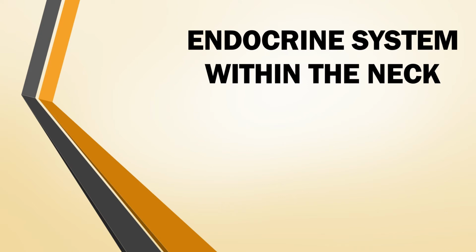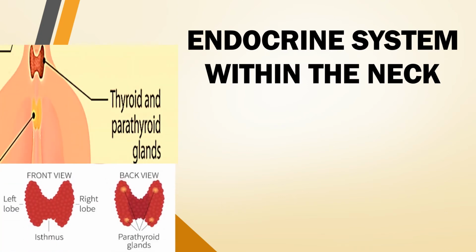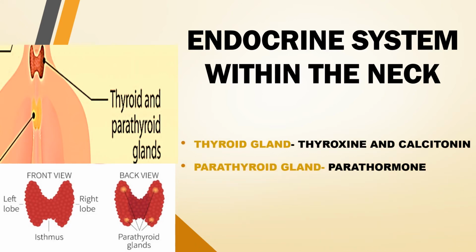Endocrine system within the neck. Thyroid and parathyroid glands. The thyroid gland is a bilobed structure, that is, it has two lobes and it looks like a butterfly.